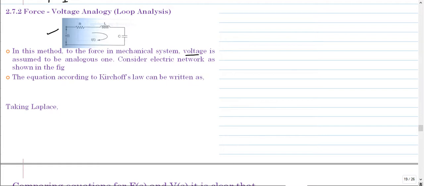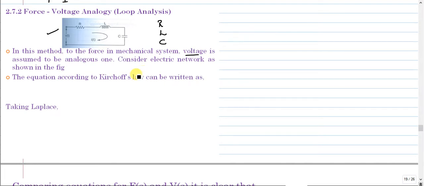In that electrical network, you can see we have a resistor, inductor and capacitor, all three, and you know the equation for the voltage drop across the resistance, inductor and capacitor. The current flowing is I of t.